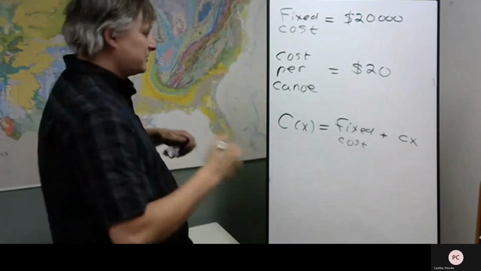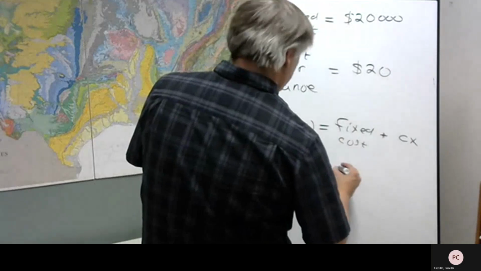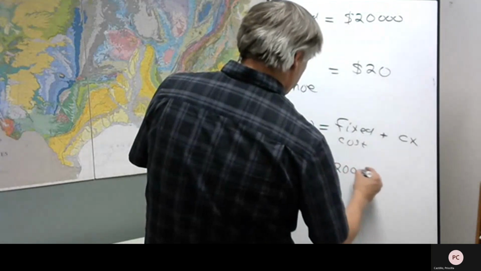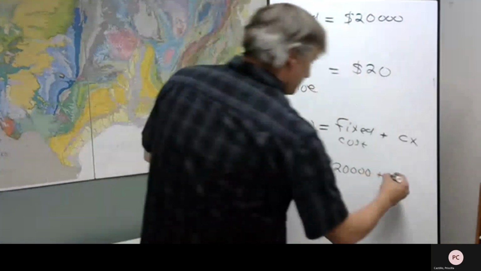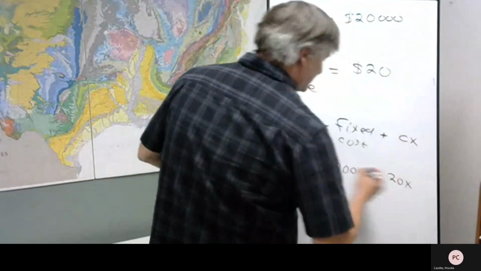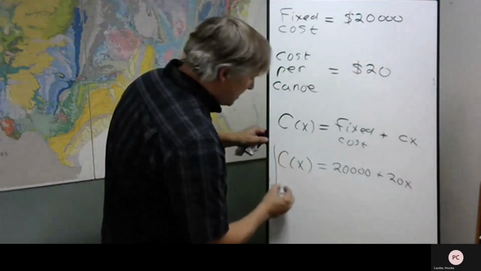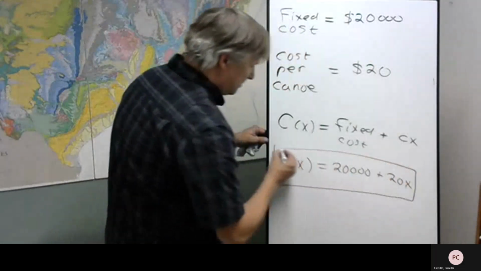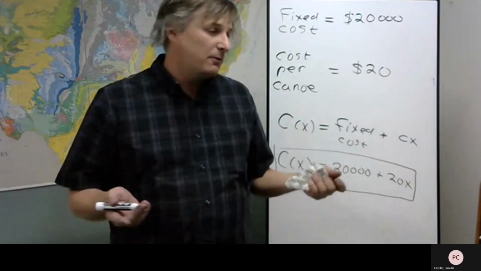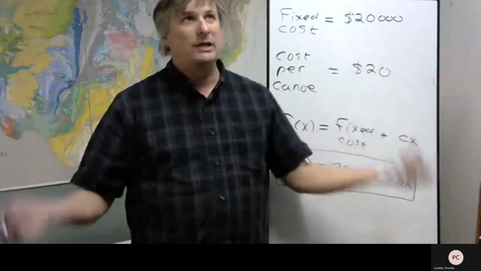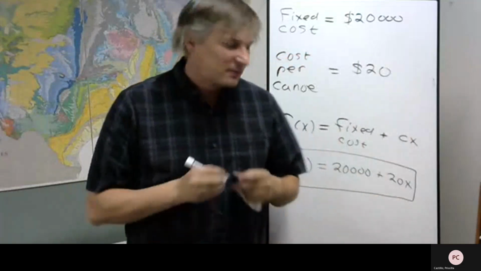So for our cost function, it'll be the fixed cost, which is 20,000, plus, now c is going to be 20, and then the number of objects, x. So for each month, we have $20,000 of fixed costs that we have to pay for no matter what. Rent, insurance, taxes, maybe little low levels of electricity.